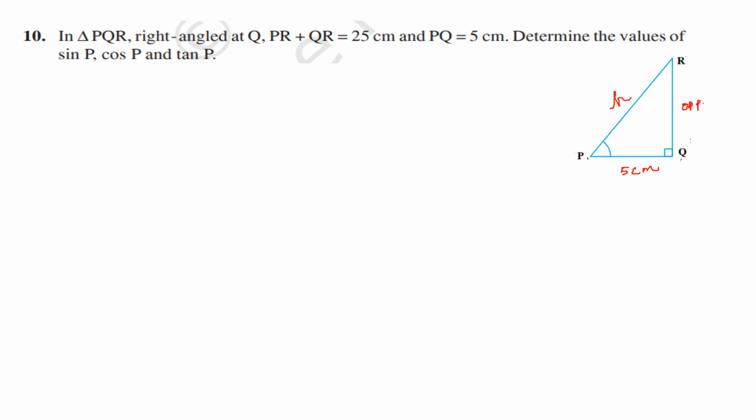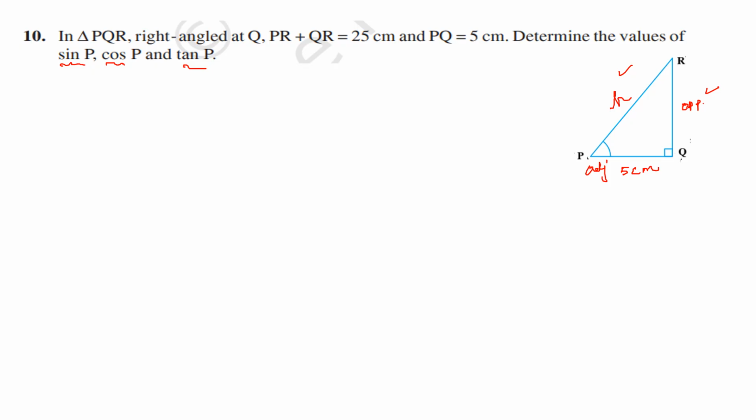This is the hypotenuse and this is the adjacent side. You know value of only the adjacent side. You don't have the value for opposite side and the hypotenuse. But to find the value of sine, cos and tan, you need these two values as well. Okay. So let's find out how to get the value of PR and QR.